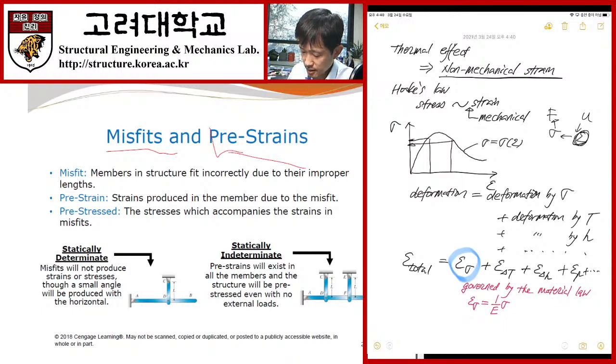Is it clear? And then here epsilon total, the total strain, is the strain that we can measure. That's why, instead of writing total, I simply want to call it epsilon. And make sure that the total strain is subjected to the compatibility condition.